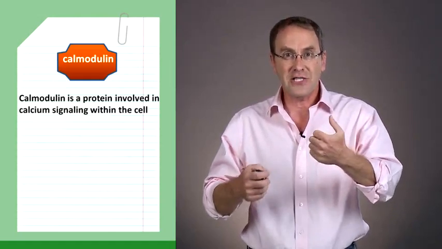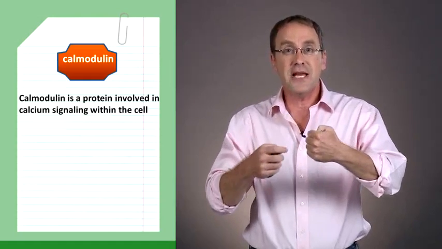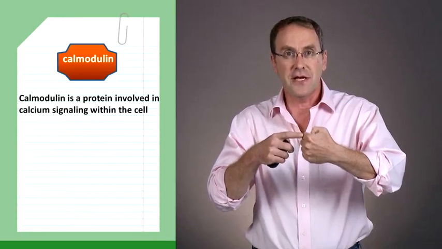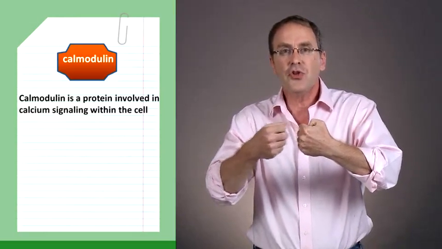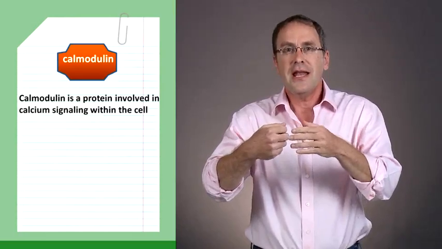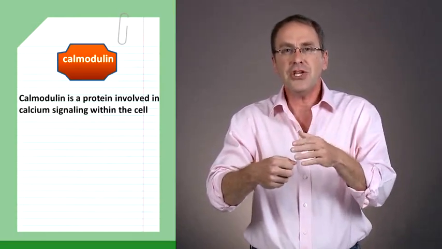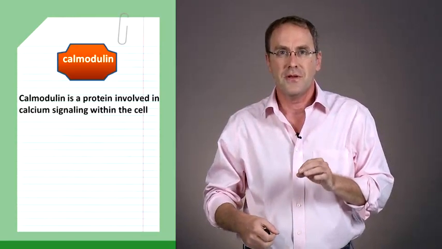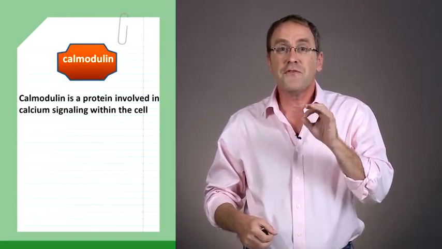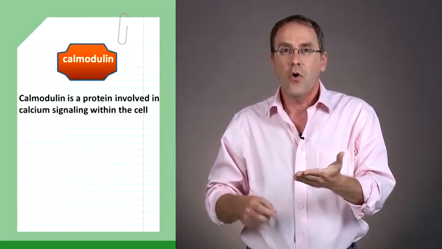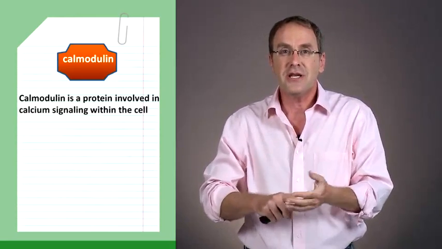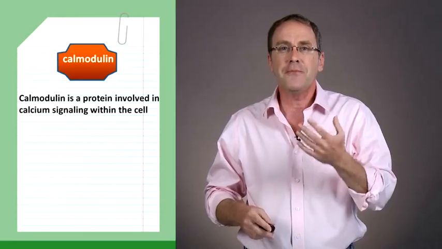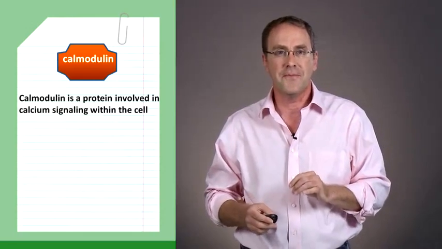Calcium is the ion that's released when the action potential reaches the end of a nerve cell, causing the release of the neurotransmitters, enabling the propagation of the action potential to the neighboring nerve cell. So one of the first genes that's activated once a plant is touched is a calcium binding protein called calmodulin.